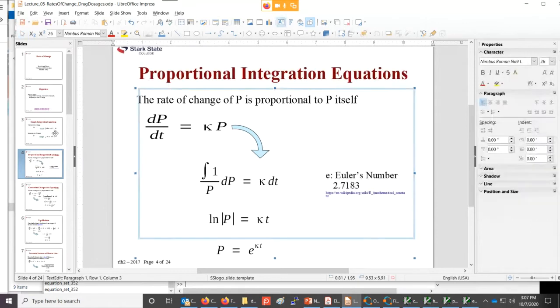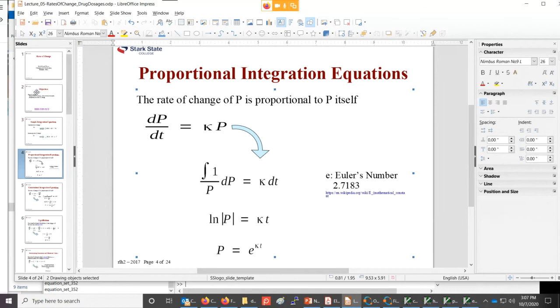And so this is one of those natural constants, kind of like pi. It's considered an irrational number. Just kind of goes on and on. And so when you look at your scientific calculator, they actually have an e button there. And of course, the natural log is the reciprocal of the e.